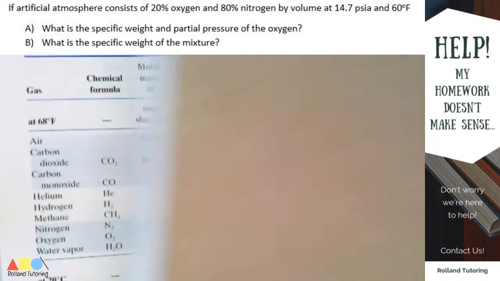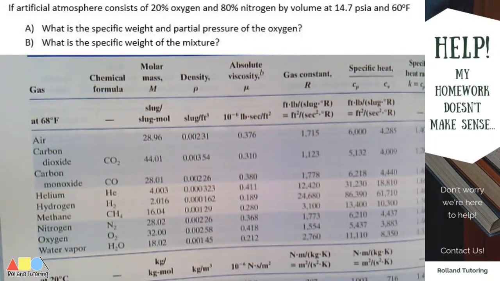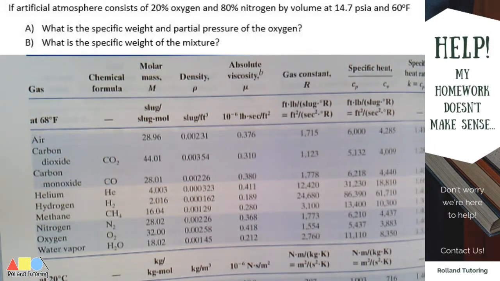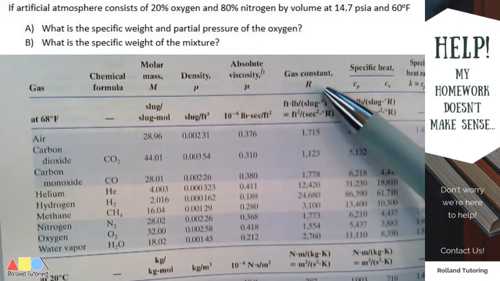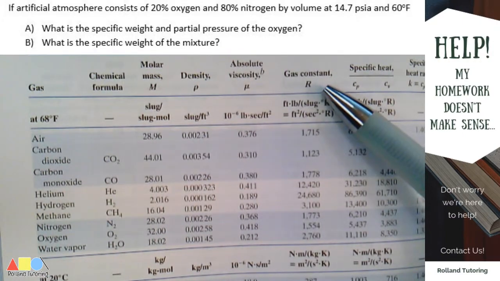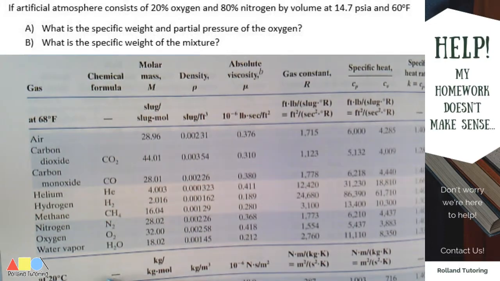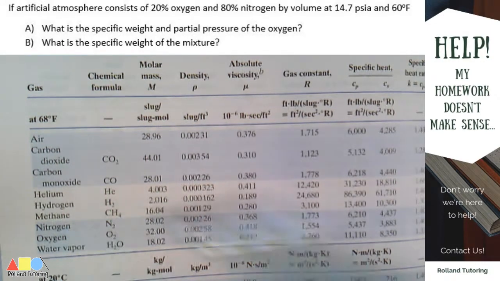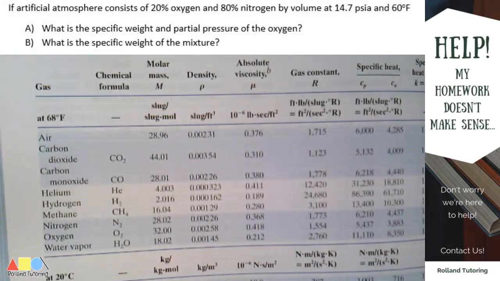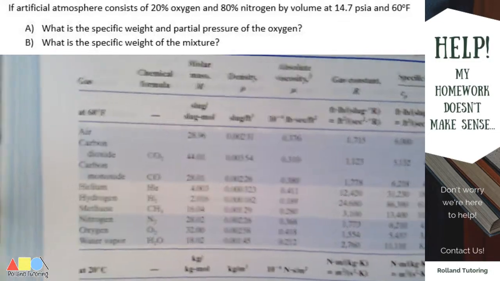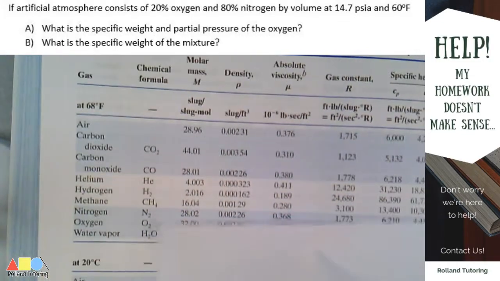So the first thing you'll need to do is have a book to look up, like we have here in the appendix. We will need to find our gas constant R for both our oxygen and nitrogen. So we'll go ahead and grab those numbers while we are here.